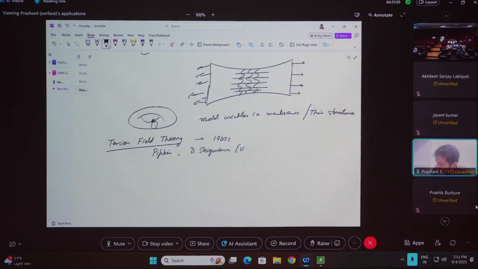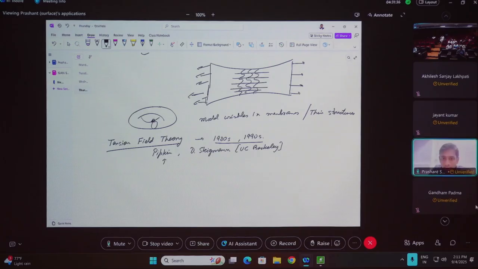He is at UC Berkeley, and Professor Pipkin was basically the PhD advisor of David Steigmann, and David Steigmann is about to retire now, so you can see it's quite old. These are the people who have been the pioneers of this theory in the 1980s and 1990s, and they have very nice papers on this topic. But I'll just give you the central idea behind this.